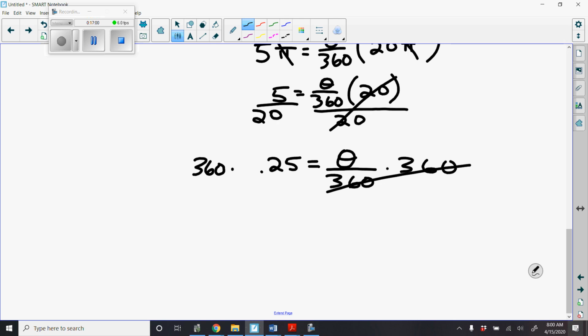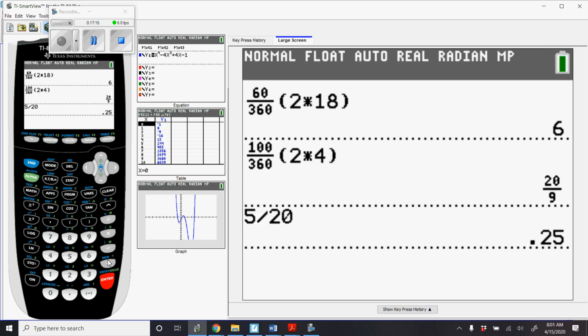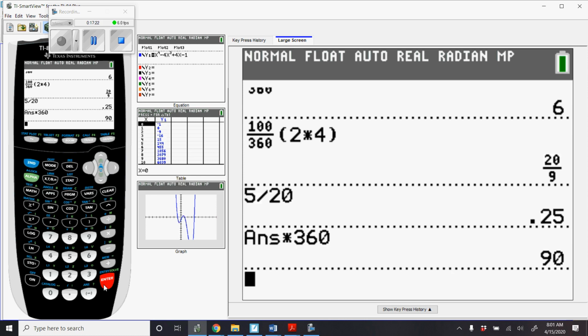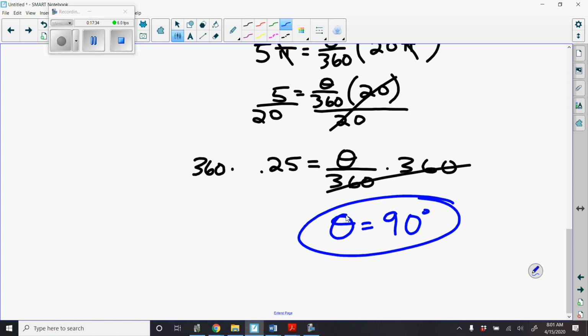Going back to my calculator, I would have done my 5 divided by 20 to get my 0.25, then multiply by 360. And I get theta to be 90 degrees. So I know my central angle is a right angle.